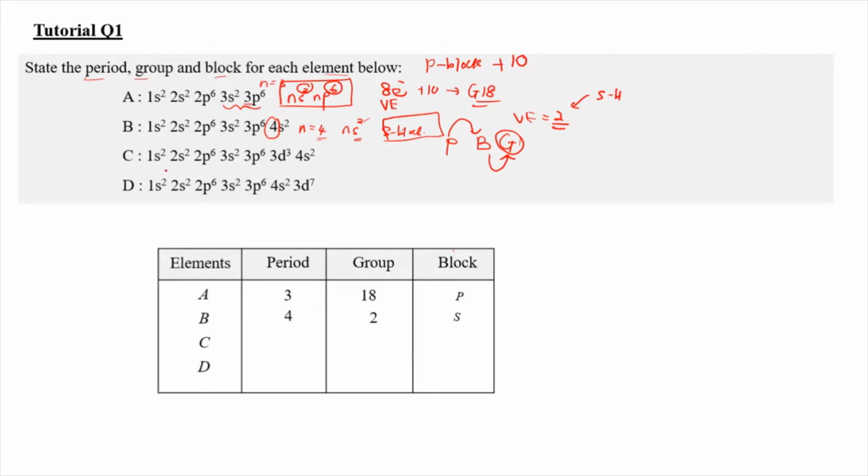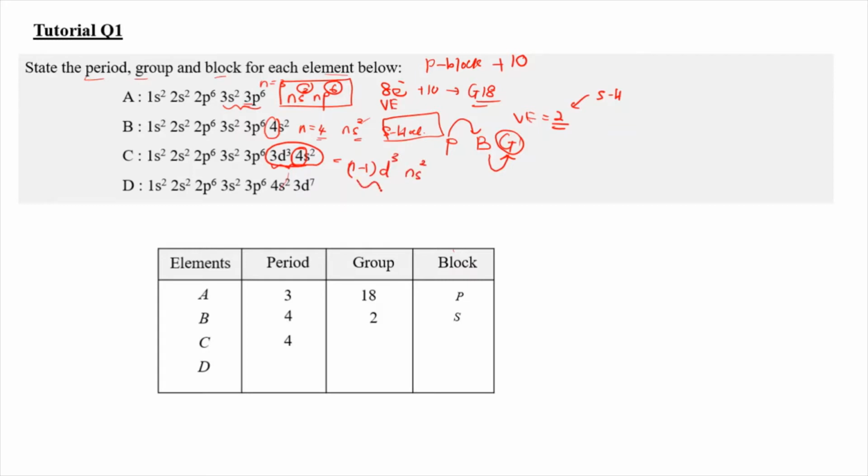For question C, we need to look at the configuration, which is 1s2, 2s2, 2p6, 3s2, 3p6, 3d3, 4s2. The highest principal quantum number is n equal to 4, so it is located in period 4. The configuration is n minus 1, d3, and s2.